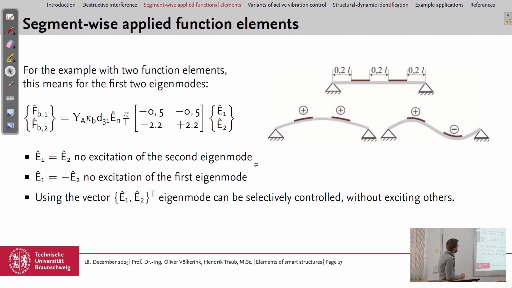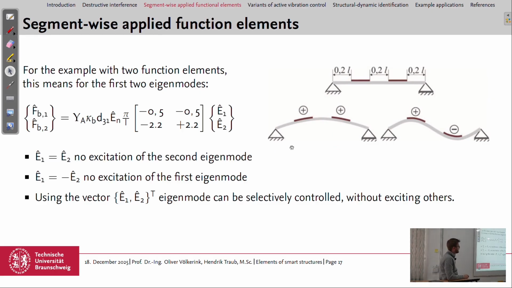So for these two functional elements, we can write the general excitation for the first two eigenmodes. So we have two equations for the first two eigenmodes in this kind of matrix form, with a vector containing the generalized electric field we apply to the first and the second actuator.